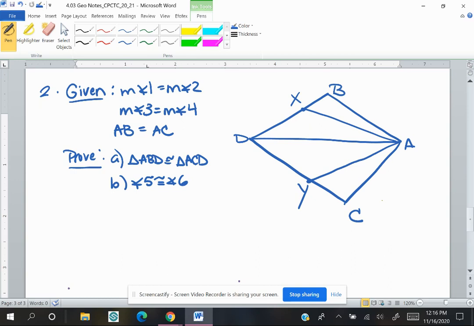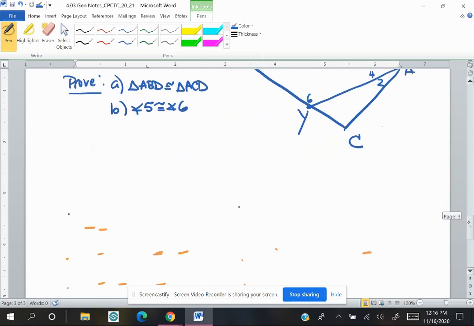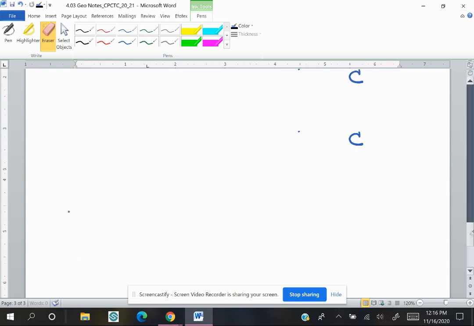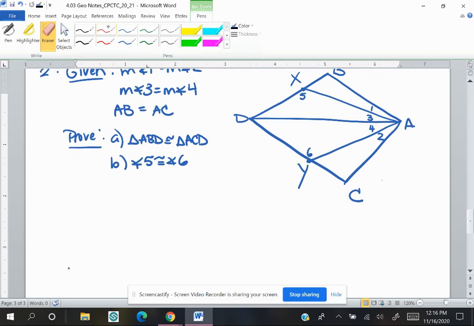And I'm going to put in some numbers here. 1, 2, 3, 4, 5, 6. So those are all angles. Again, they're smaller angles. You can only use numbers to name angles that have one angle at that vertex. And get rid of all these little extra lines, or at least some of them. Sorry for those of you who go crazy when you see those extra ink marks. Tried to get them all.